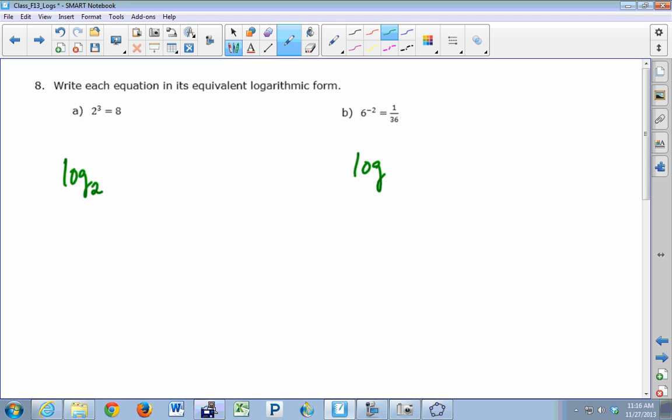So do I put it here? You mean as my input? Okay, 8. Yep, I put a 3. The input on my exponential function becomes the answer to my log function.